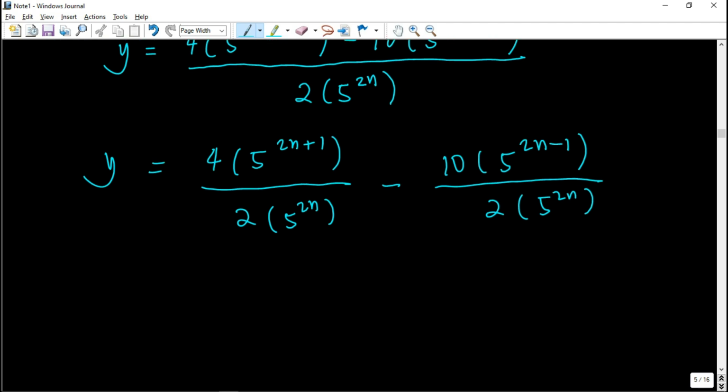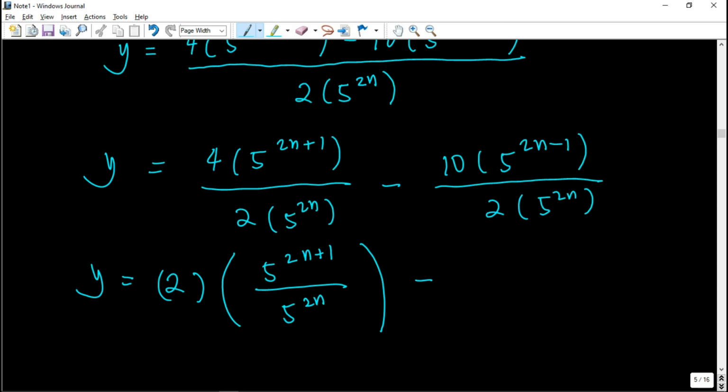So, dito 4 divided by 2, this is 2. So, y equals 2 times 5 raised to 2n plus 1 all over 5 exponent 2n, minus 10 divided by 2, this is 5, times 5 raised to 2n minus 1 all over 5 raised to exponent 2n.